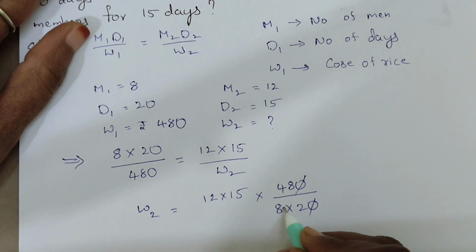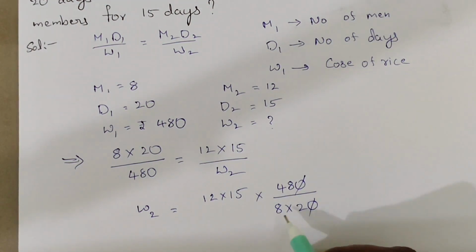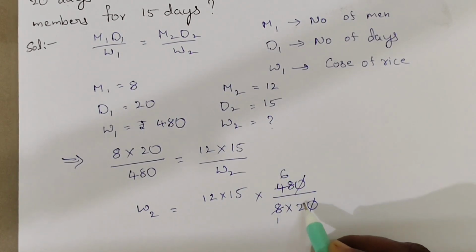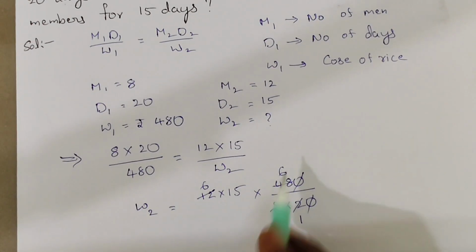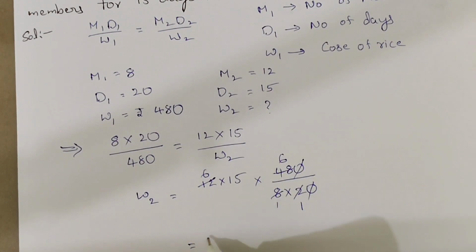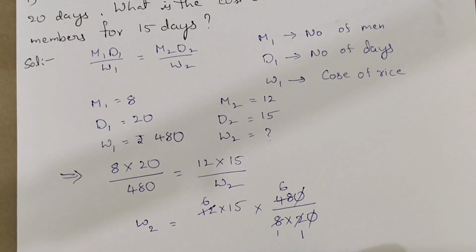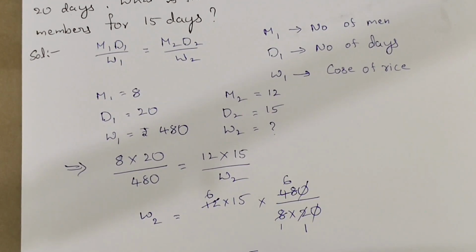Here 8 ones are 8, 8 sixes are 48... 2 ones are 2, 2 sixes are 12, 6 sixes are 36. 36 into 15 is 540. So here 540 is the amount.